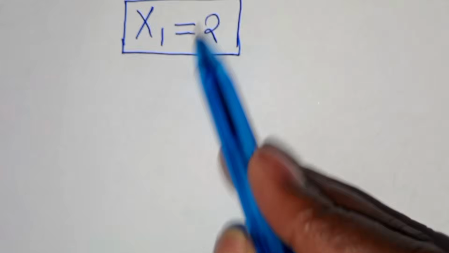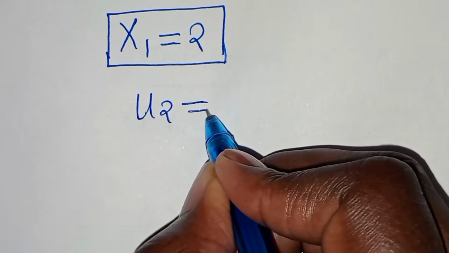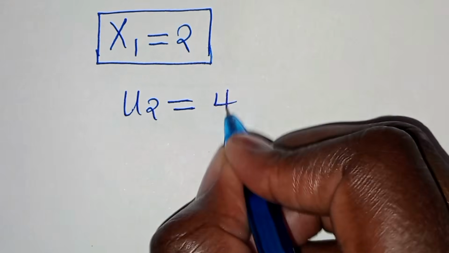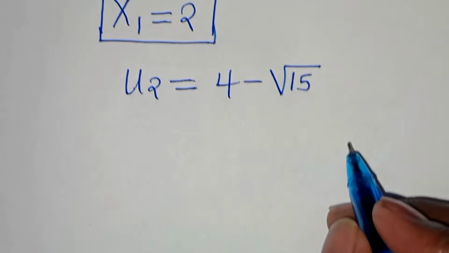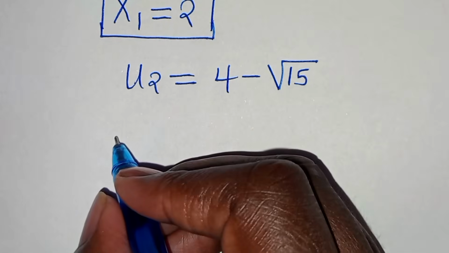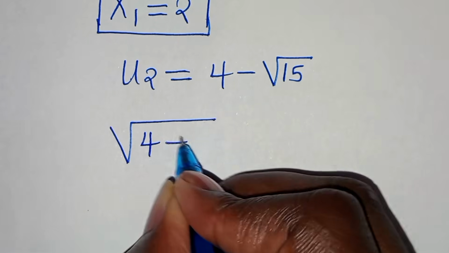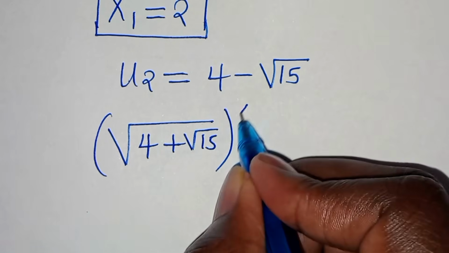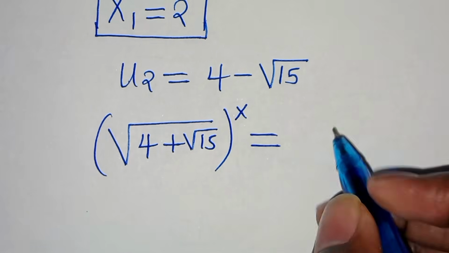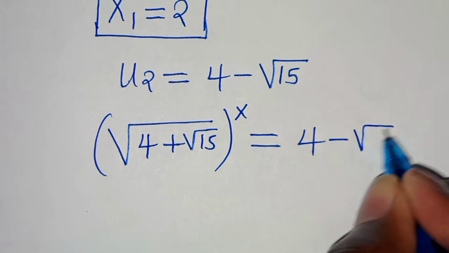Now x1 is equal to 2. And if you recall, we have seen that square root of 4 plus square root of 15 raised to the power of x is equal to u. Now, in this case, we have u as 4 minus square root of 15.